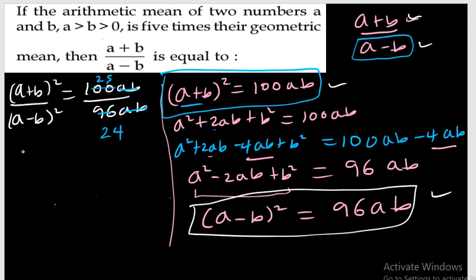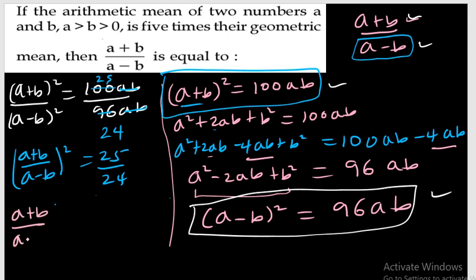Then the left hand side can be written as A plus B over A minus B the whole square. That is 25 over 24. But we don't need the square, we need to remove it. So to remove the square, I can put both sides in the square root. Then A plus B over A minus B will be the square root of 25 over 24.